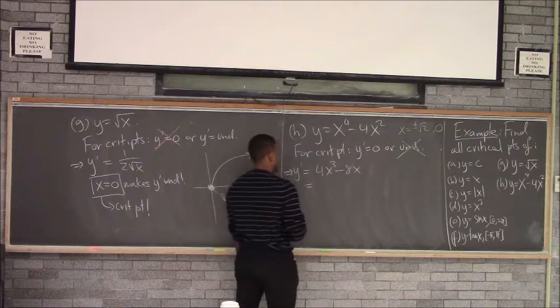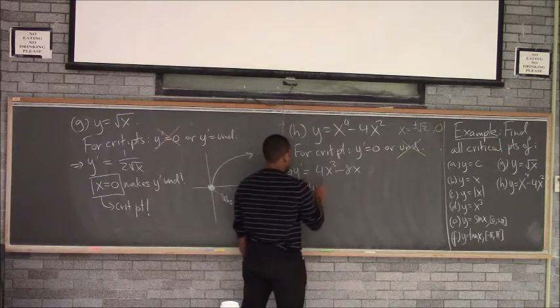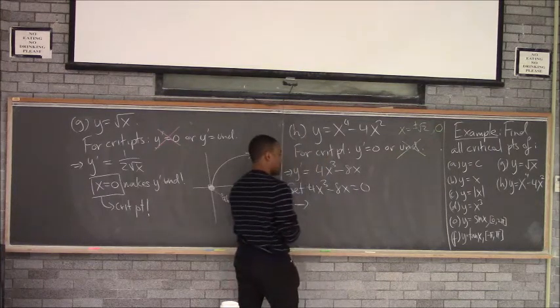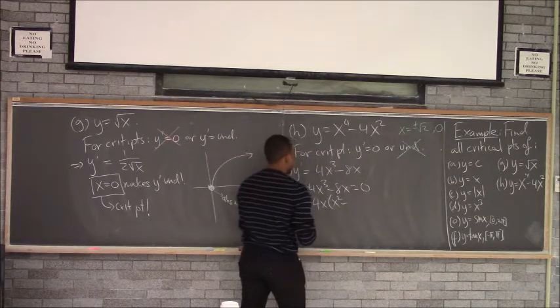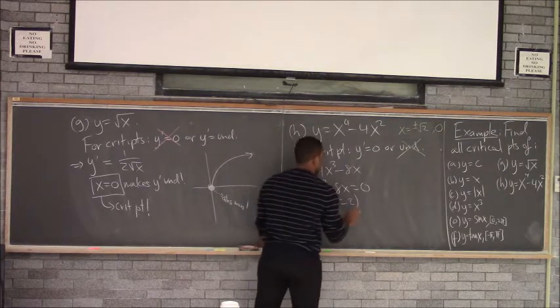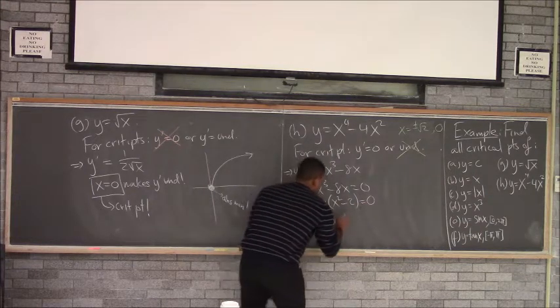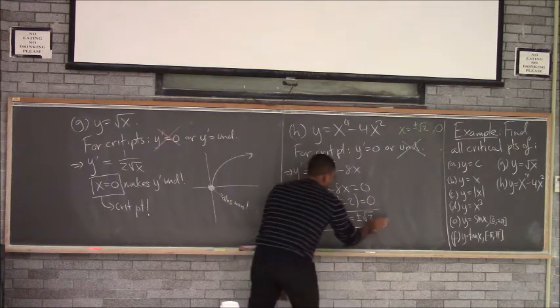So how do I find critical points? You set it equal to 0. Solve. Factor out 4x, minus 2 equals 0, and then you set each factor. Right, so x equals 0, or x equals plus or minus radical 2. Critical points.